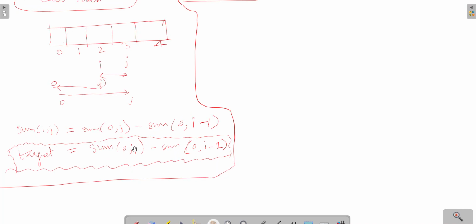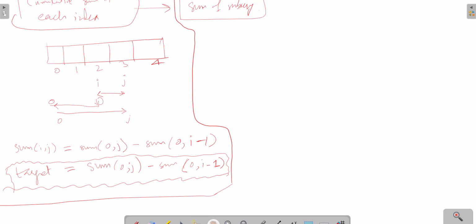So now from this, you can understand that I minus 1 would always come before j. So we can write this, basically rearranging, as the sum of 0 I minus 1 equals the sum of 0j minus target. Now what does that give us?